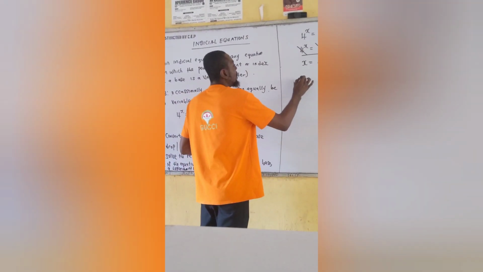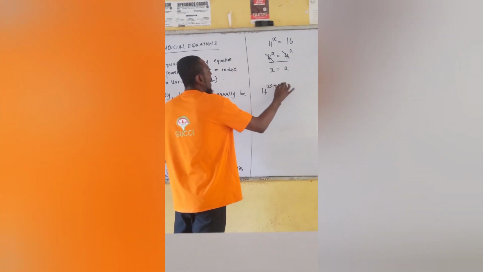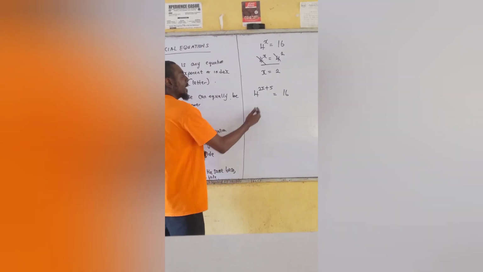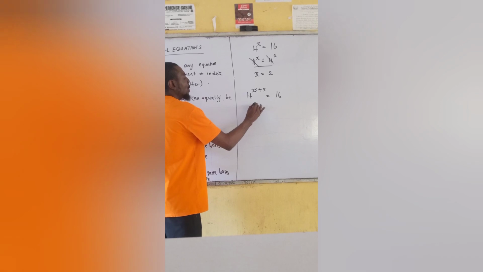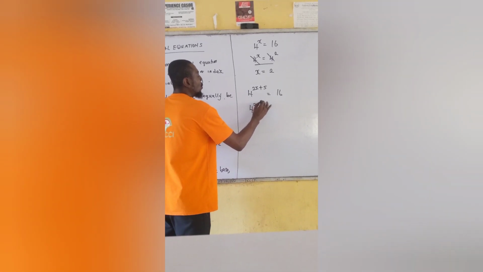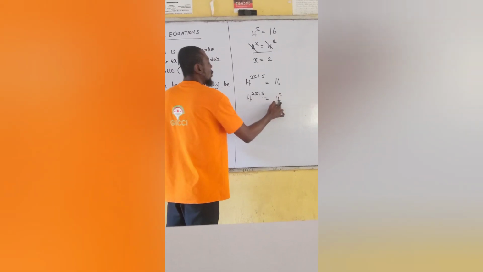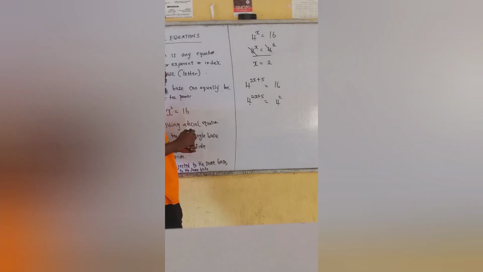Then this one says we should solve the resulting equation, after you must have cancelled the base. For instance, if we have 4 raised to the power 2x plus 5 equal to 16, then 4 raised to the power 2x plus 5 equals 4 raised to the power 2, such that the bases are the same.